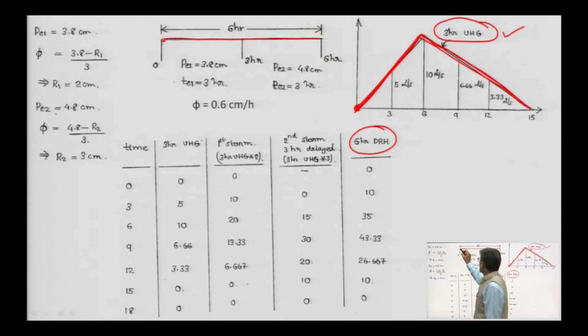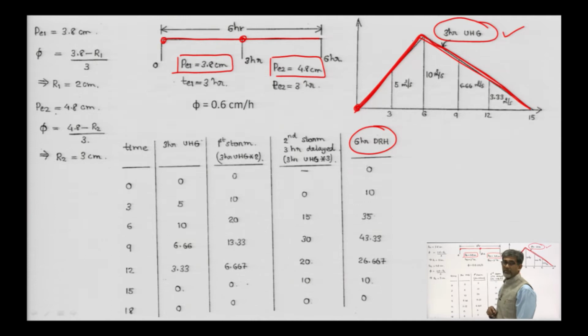That means for the duration 0 to 3R the precipitation is 3.8 centimeter, and for the next 3R the precipitation is 4.8 centimeter. So this is non-uniform, the precipitation is different. This is T and this is I. This is this type of situation.